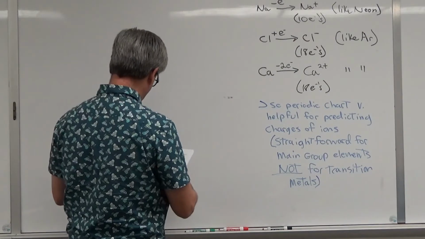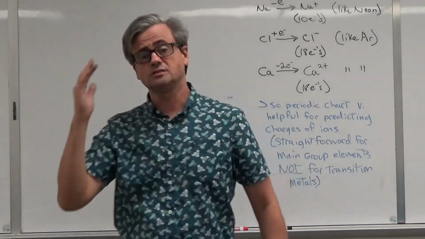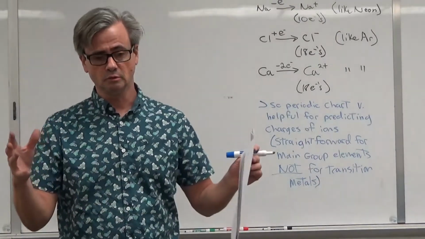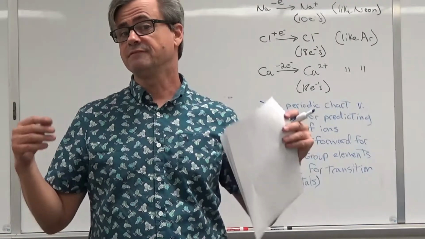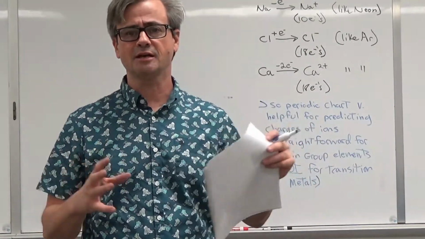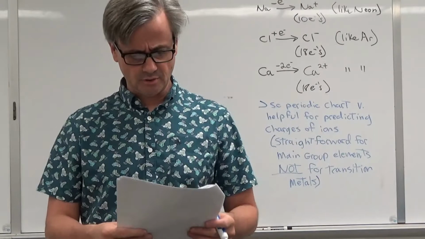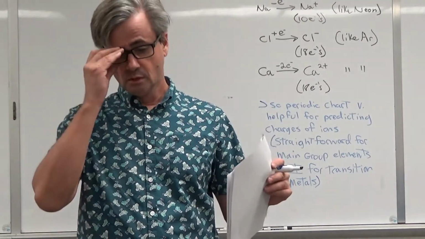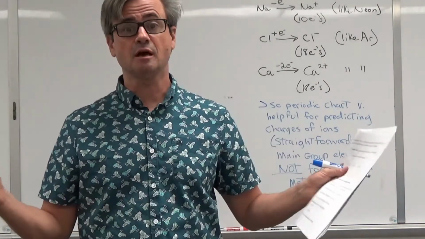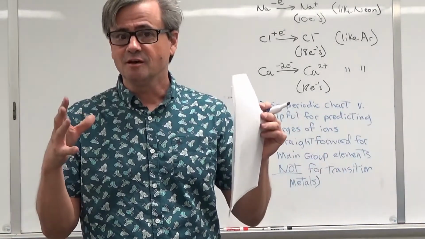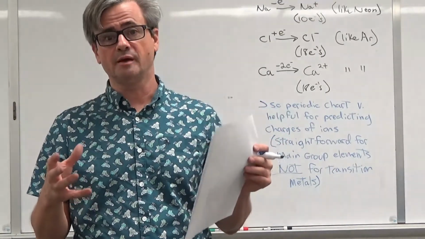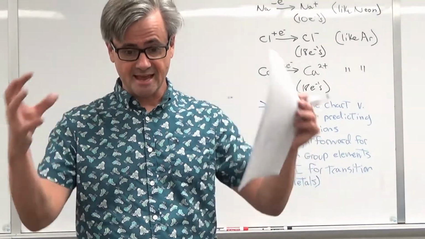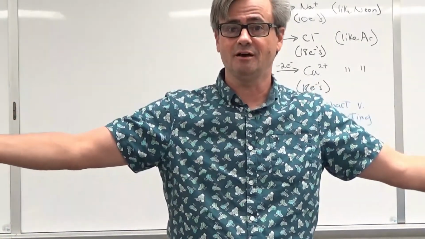I'm going to talk a little bit about polyatomic ions. Polyatomic ions are a molecule, floating around in the world as a molecule, that for some reason, often an acid-base reaction, becomes charged. And so what we call it is a polyatomic ion. It's a molecule that becomes charged, and then as charged, it becomes part of an ionic compound.